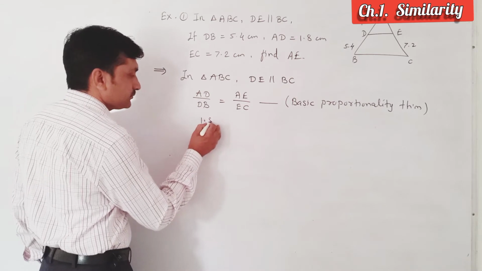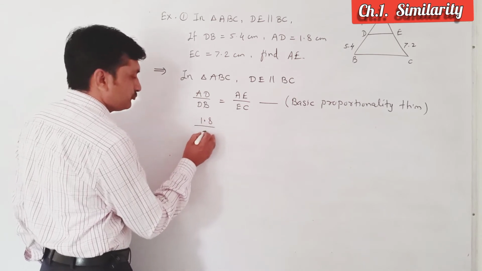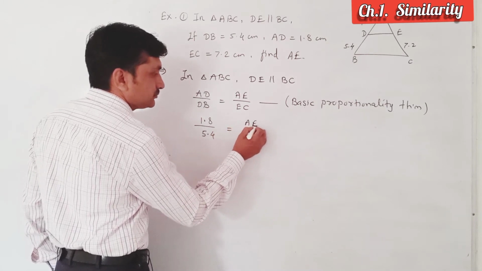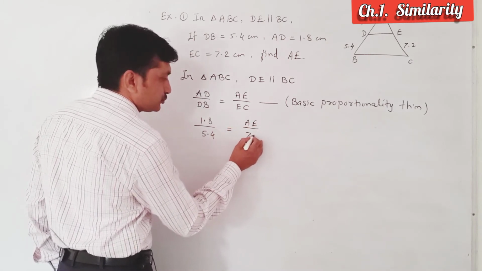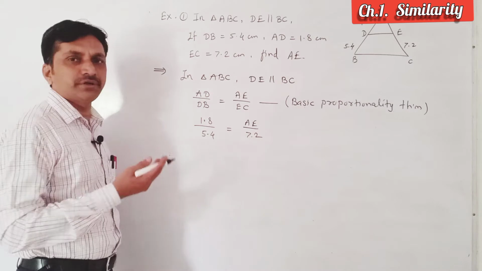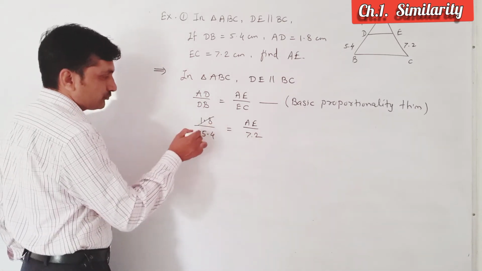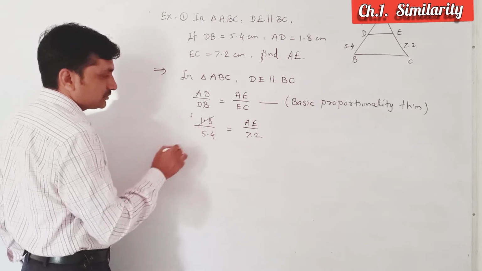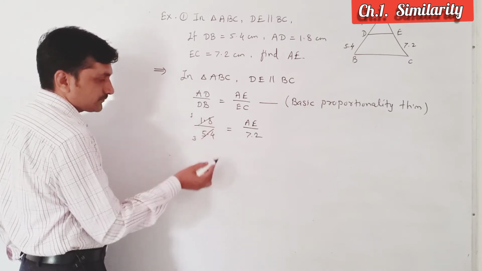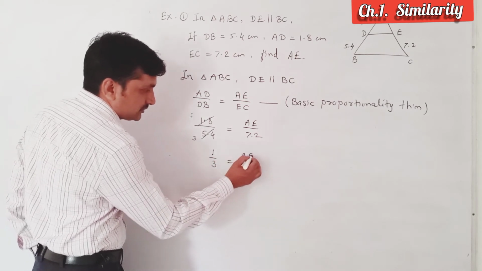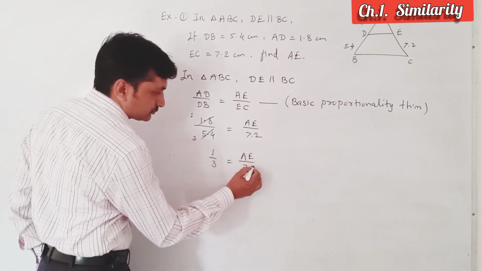AD 1.8, DB 5.4, AE we have to find, and EC 7.2. Now do reduction. Here 18, here 54. We can reduce it by 18. 18 ones are 18, 18 threes are 54.